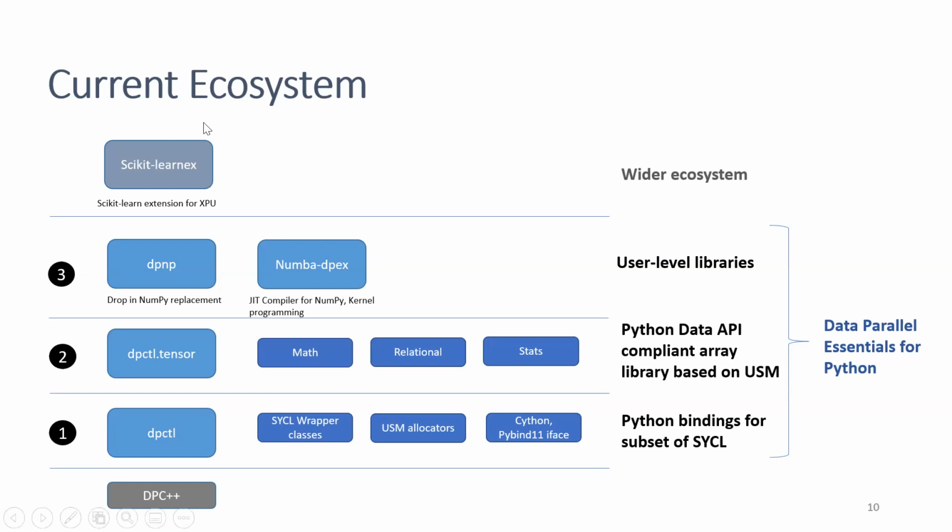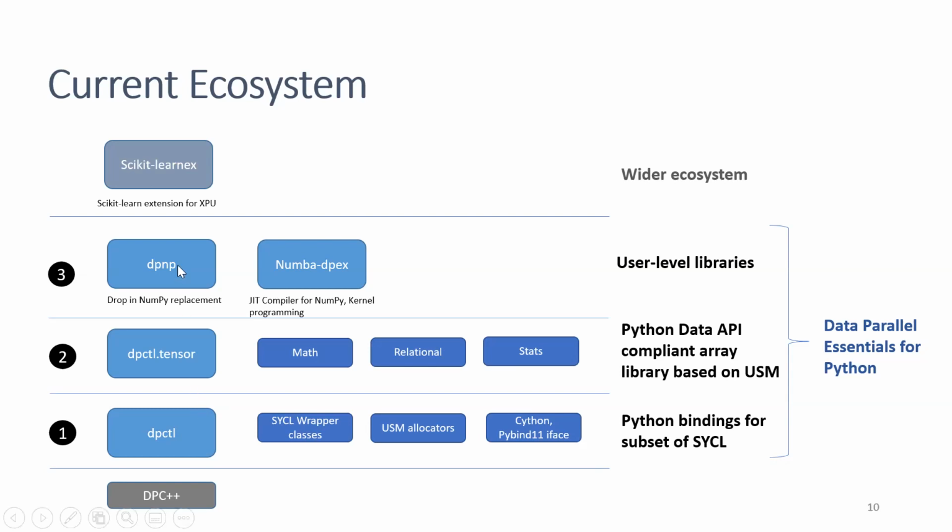If you see the top-down layer, which is DPCTL, which we talked about, this is how you are interacting with the actual hardware levels, using DPCTL, and also the Python bindings for SYCL classes and the USM allocators. And the tensor library, dpctl.tensor, is an implementation of a tensor library based on the Python array API standard.